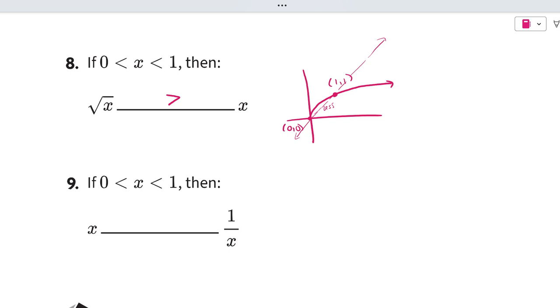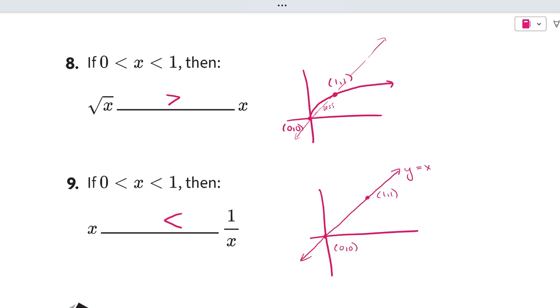So number 9, if x is between 0 and 1, again, we're going to actually have this one be our bigger value. If we want to stick with our visuals, y equals x. I'll just show the top half of it. Well, I'll draw the whole thing. So 1, 1, 0, 0.